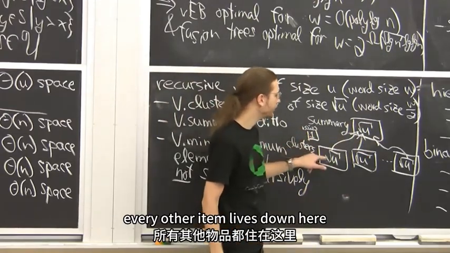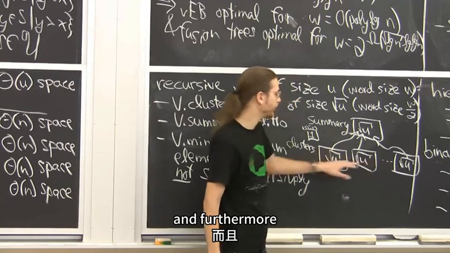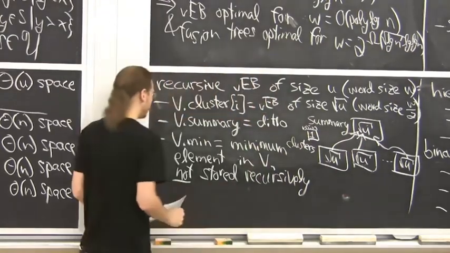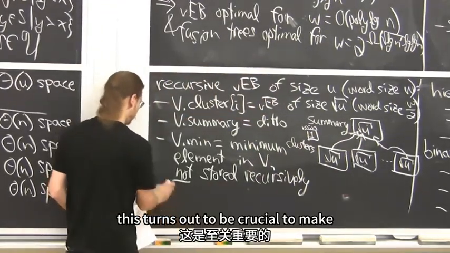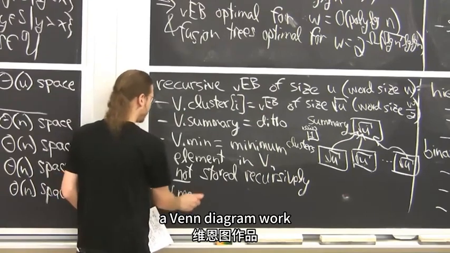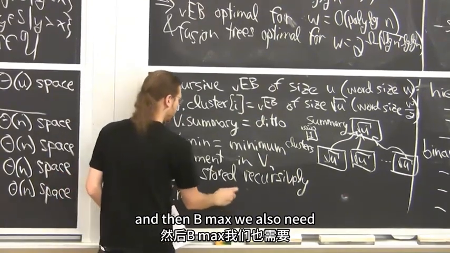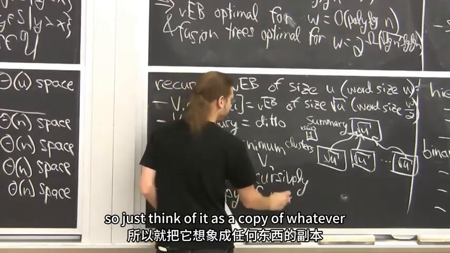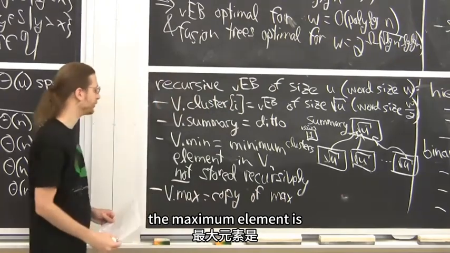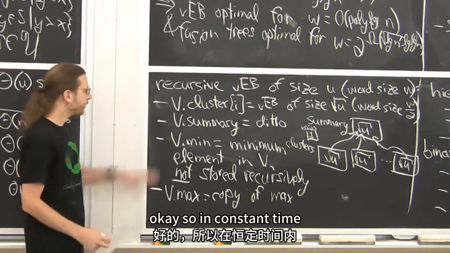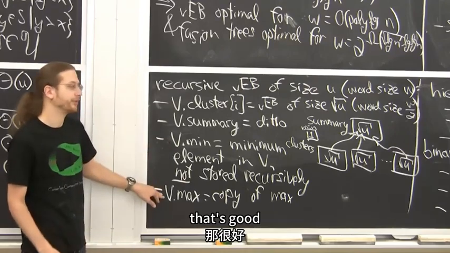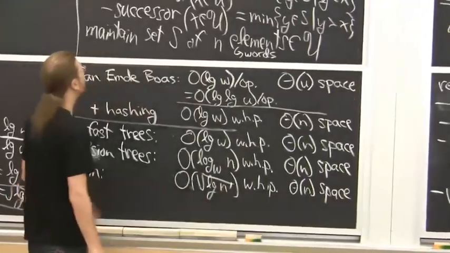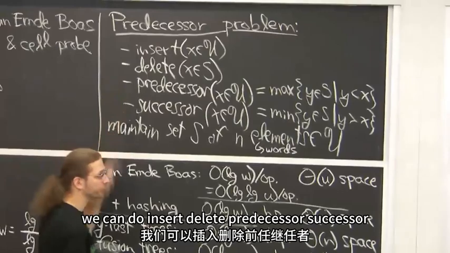Every other item lives down here. And furthermore, if one of these is not empty, there's also a corresponding item up here. This turns out to be crucial to make Van Emde Boas work. And then v.max we also need, but it can be stored recursively. So just think of it as a copy of whatever the maximum element is. Okay, so in constant time, we can compute the min and compute the max. That's good. But then I claim also in log W time, log log U time, we can do insert, delete, predecessor, successor.